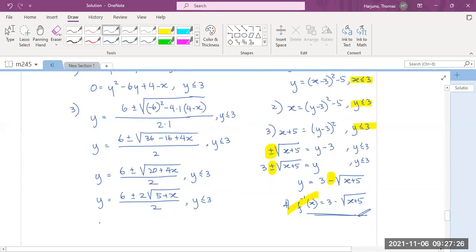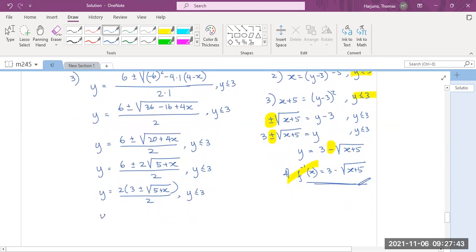Now I can factor 2, so I get y equals, the 2 cancels, 3 plus or minus the square root of 5 plus x, where y is at most 3.